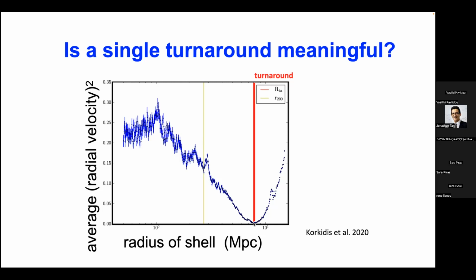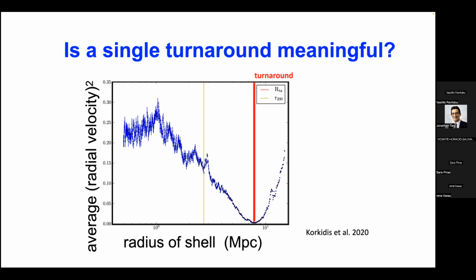So in the overdense regions, the substructures, you will have a small chunk falling in the cluster and crossing the turnaround radius. So you're going to have a little bit of mess there, but it's not large enough to rise that much above zero. As you can see, it's very close to zero for particles.